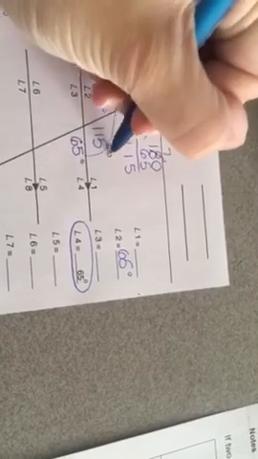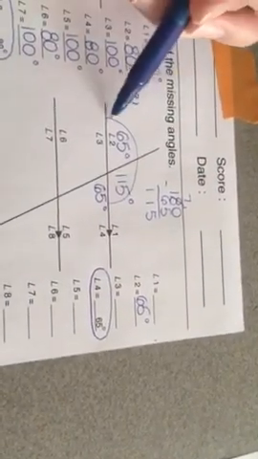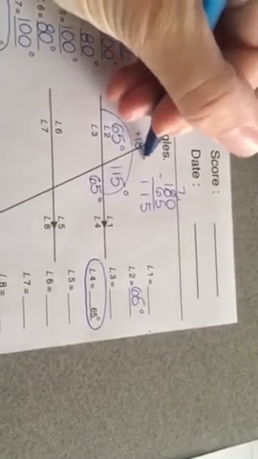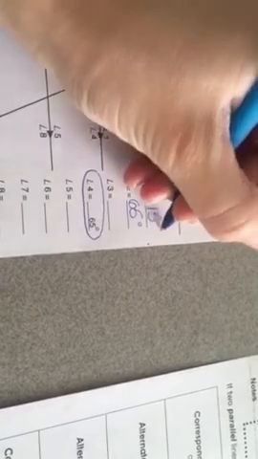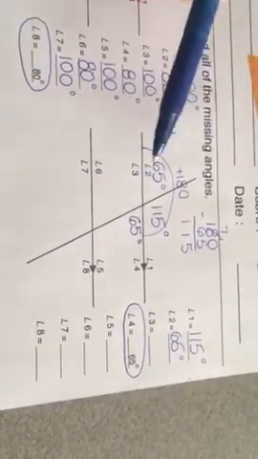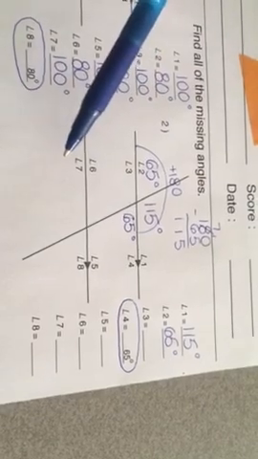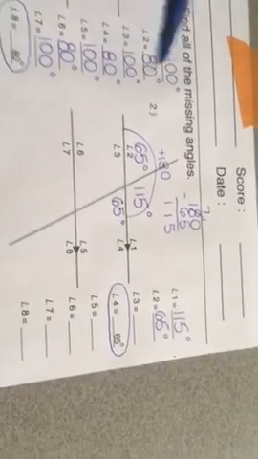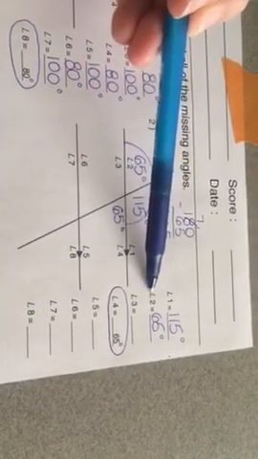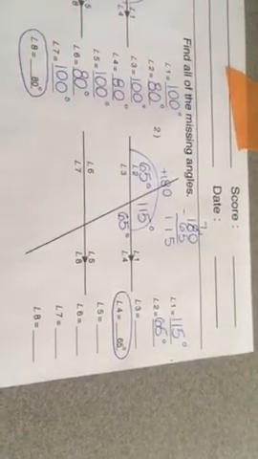So angle 1 is going to be 115 because when we add these together, we get 180. Okay, so angle 1 is 115. And now that we have those, remember all the rest of the angles are either going to be equal to each other or supplementary. So you need to figure out which of these angles are going to be 65 and which ones are going to be 115.